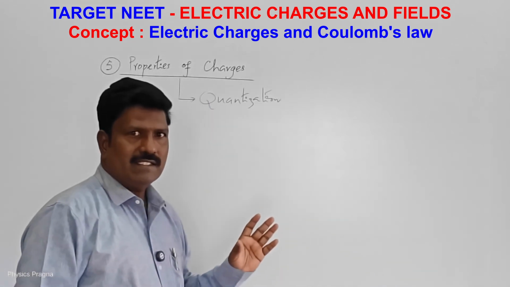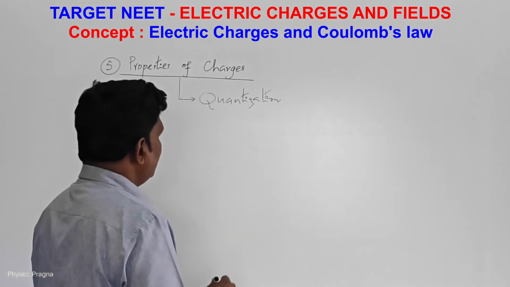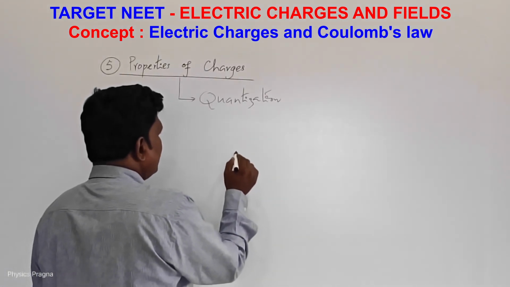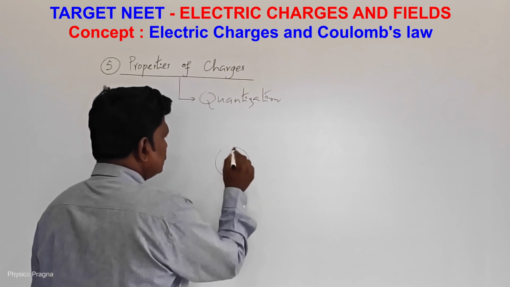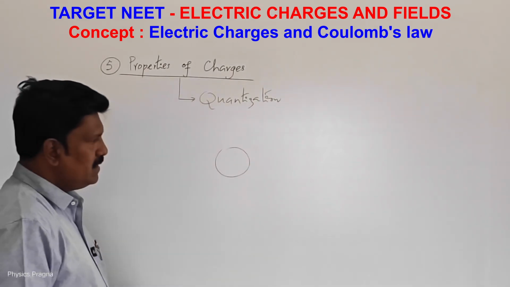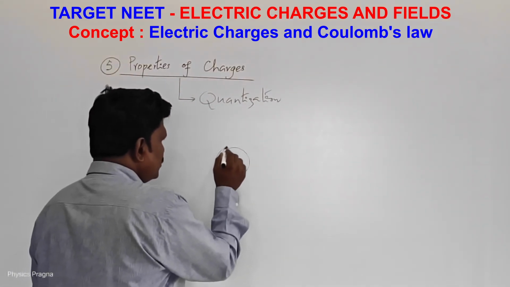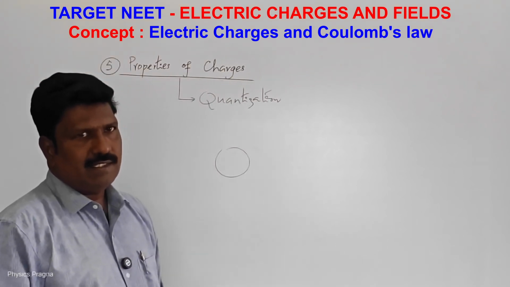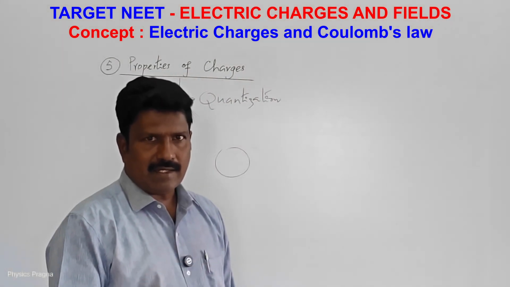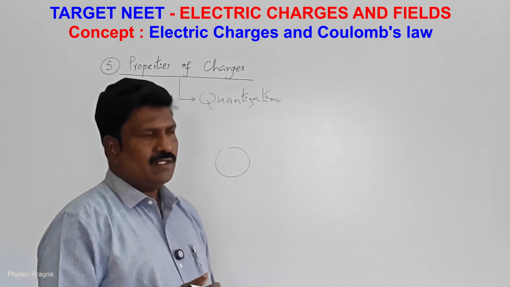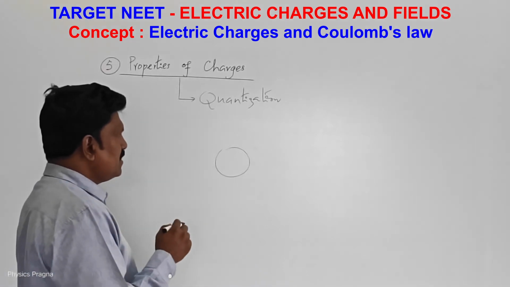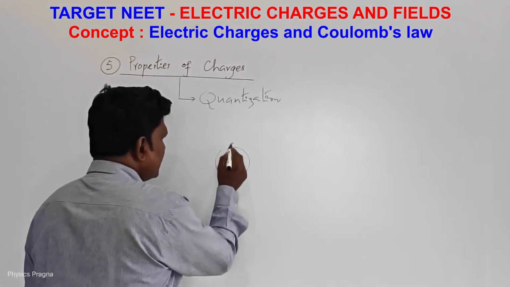Here, charge always quantizes. See, I have taken a body. If I give it a charge, what is charging? Charging means adding electrons or removing electrons. Now I want to charge it. So if I give one electron, one electron charge.